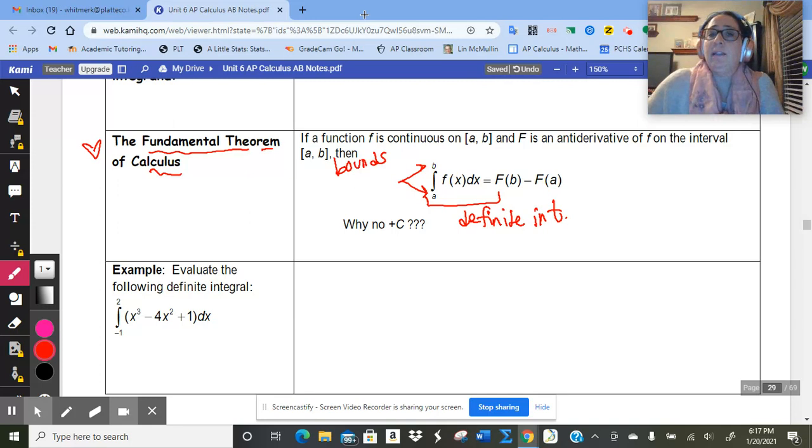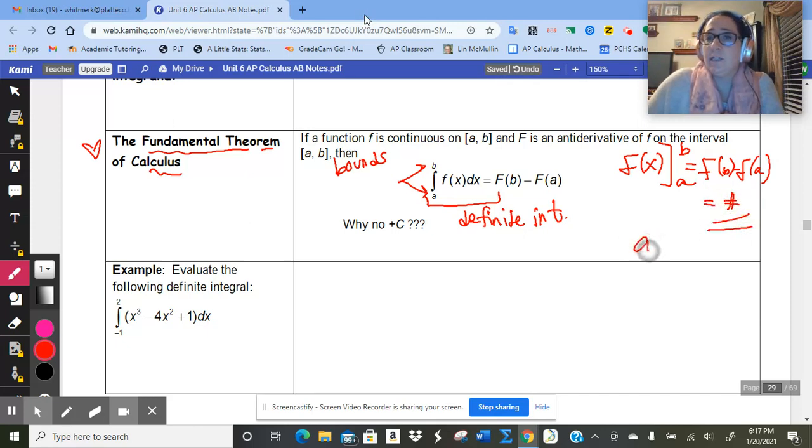Okay, so we're going to take the antiderivative of x, and then we're going to evaluate it. This is kind of how I show it, from a to b. So I plug in my b, and then I plug in my a. And I do the subtraction, and I get some numerical answer.